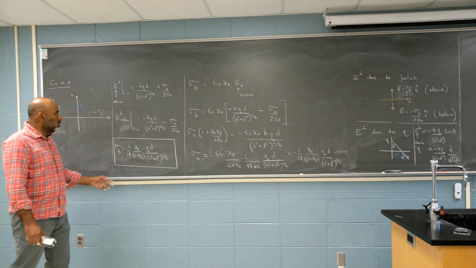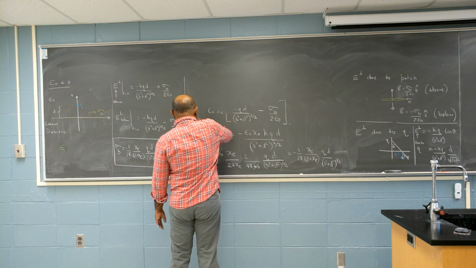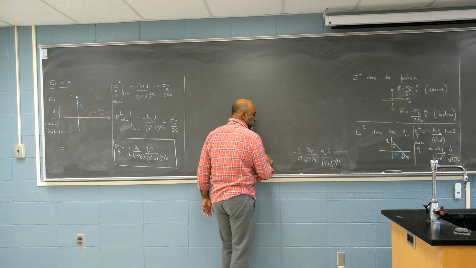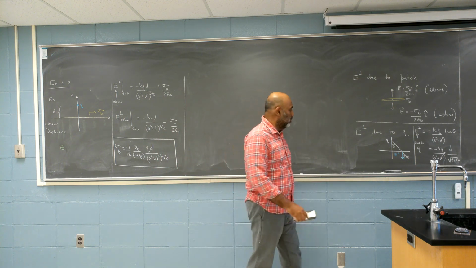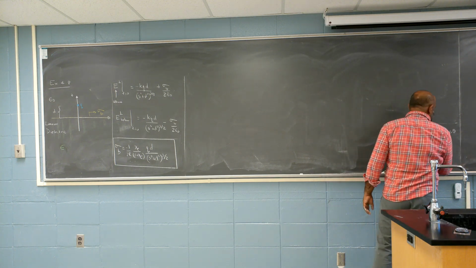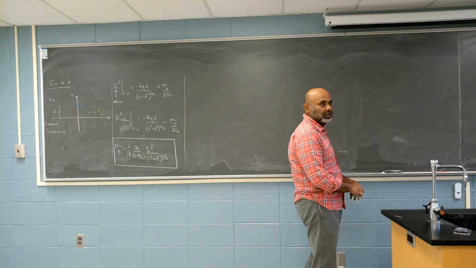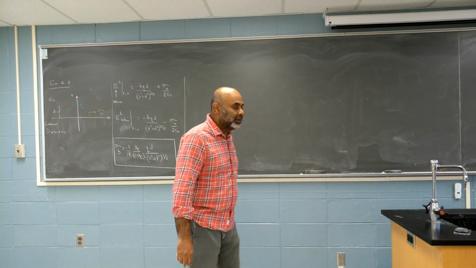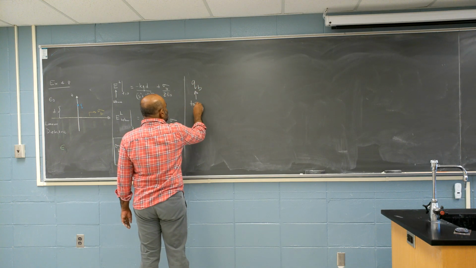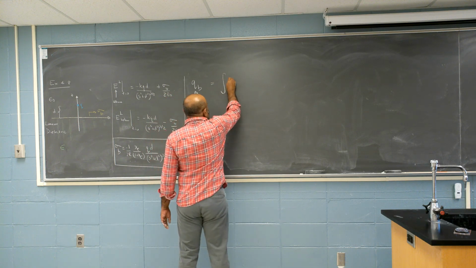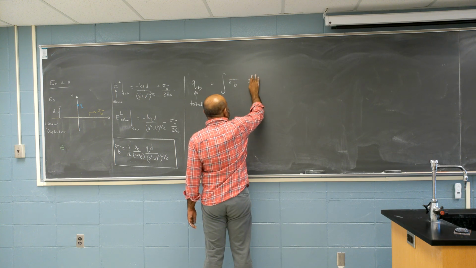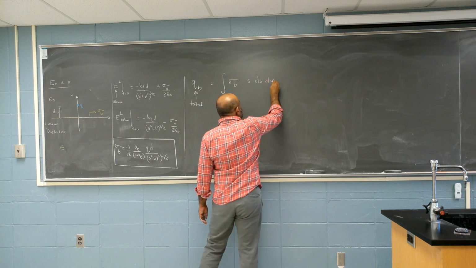Your textbook integrates this out to get a total bound charge. How much is this sigma bound? Is it the same as Q, like it would be if it's a conductor? It turns out it's not. The dielectric often weakens things. So the total Q bound is nothing more than sigma bound integrated over the area, s ds d phi.